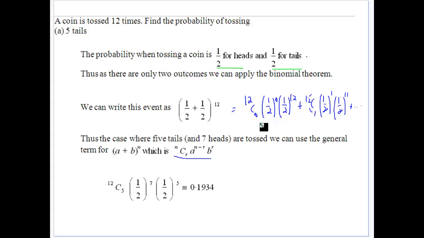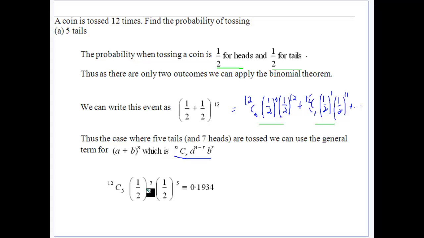So you can see how we start to apply our binomial theorem and the general expression on each term. If we take it just for this one situation, the 5 tails, which would be 7 heads, is one term in the binomial expansion. The one that we want is where it's got 5 tails, and we've got 12C5 there.